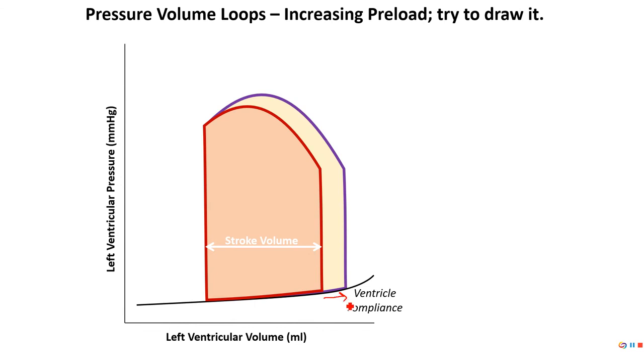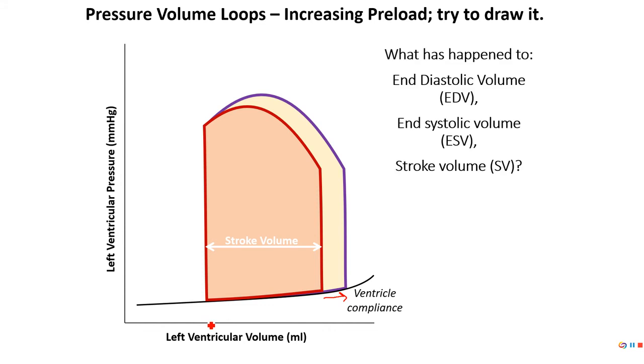My heart's going to contract a little harder to get that blood out. But notice what happens to end systolic volume. End diastolic volume increases, end systolic volume stays the same, but stroke volume increases, because we start with more blood and we get more blood out. So we have a greater stroke volume.